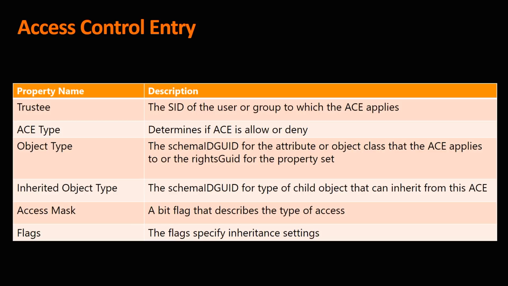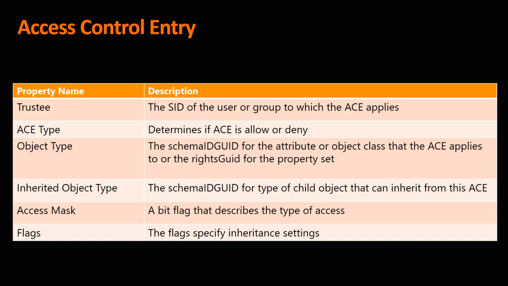Then we have another property called inherited object type. This is the schema ID GUID for the type of a child object that can inherit this ACE. Access mask defines a type of access, read, write, for instance, and flags specify inheritance settings.